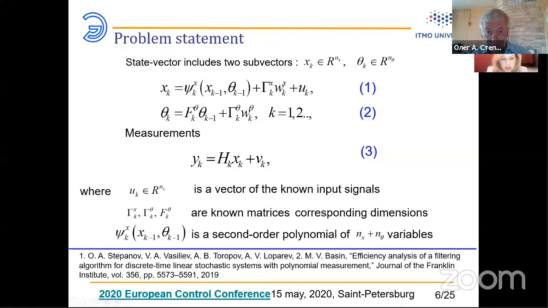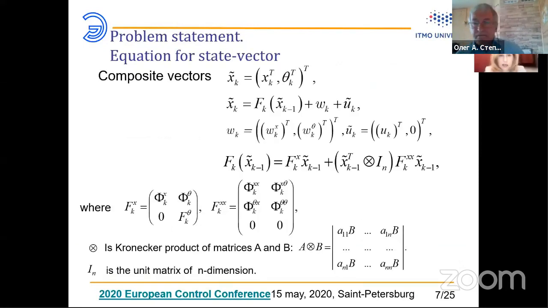And a nonlinear function psi is a polynomial of second order relative to x and theta. In particular, this situation is typical for identification problem, which requires both estimation of the state vector and the estimation of the model parameters. Let us consider the composite vector x tilde, which includes vector x and vector theta.